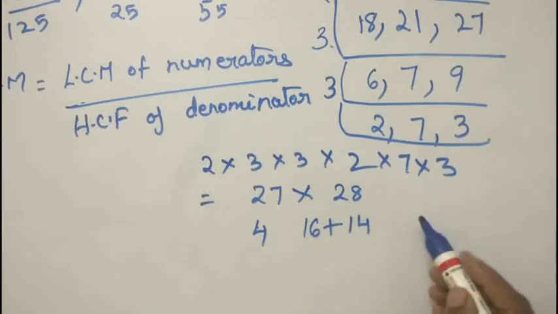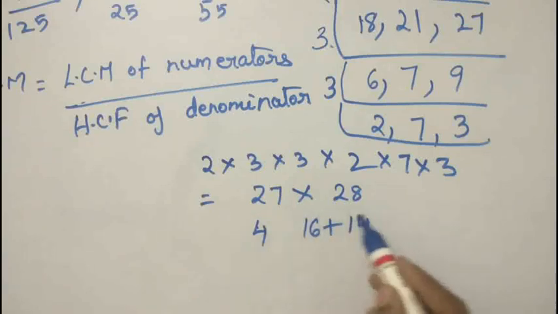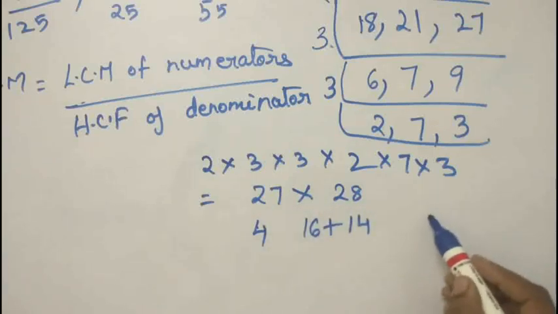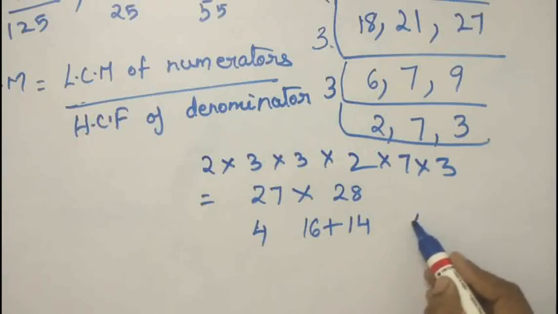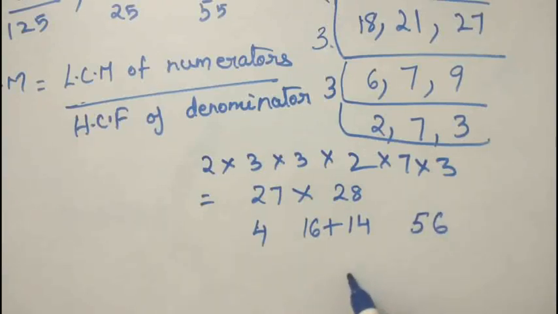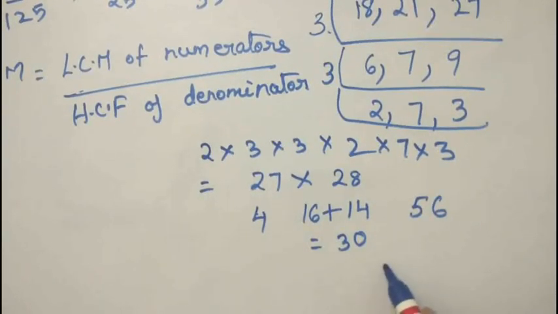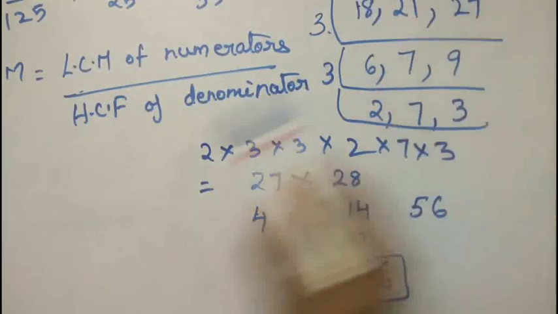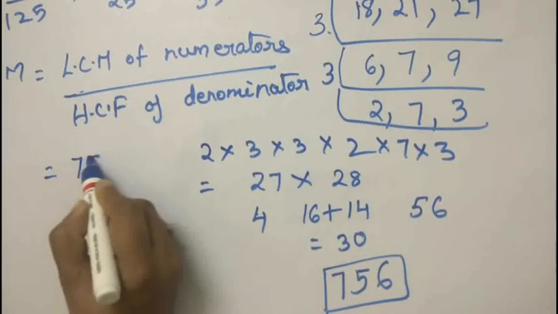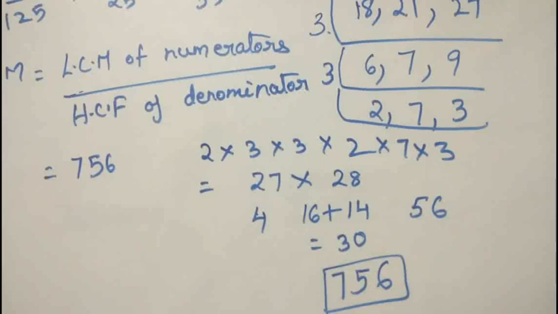Just imagine the arrows and find the value of 27 into 28. 7 into 8 is 56. So the answer will be 6, if you carry here 5, it is 5, and if you carry 3 here, this becomes 756. So the answer for the LCM of these three numbers is 756. Now we have to find the HCF of denominators.